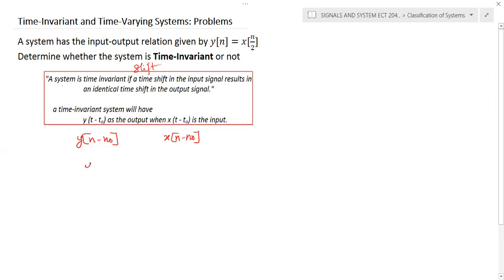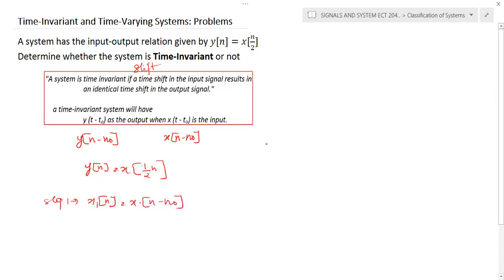And in the question, it is given y of n is equal to x of 1 by 2n. Again, a scaled version of the signal. In step 1, we will apply a new input x1 of n, which is simply the shifted version of the input signal.